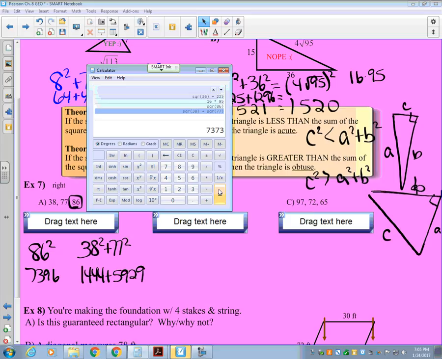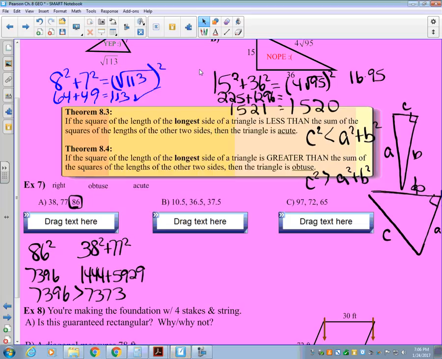And that is 73.73. So 73.96 is greater than 73.73. So our c squared is bigger, that is obtuse. So let's go ahead and grab the obtuse. And check that's correct.